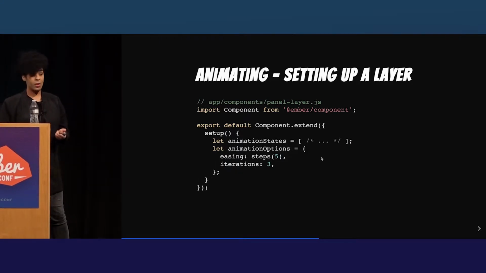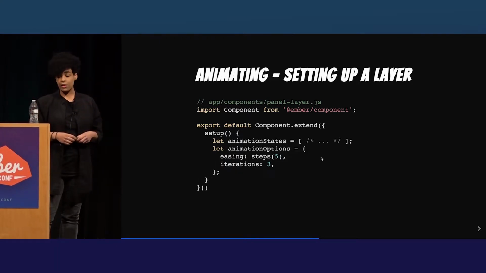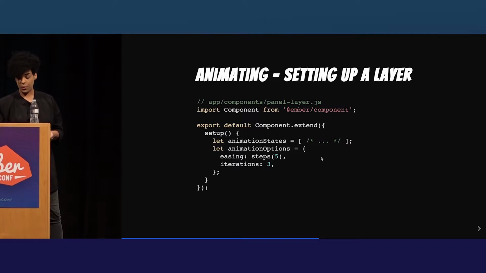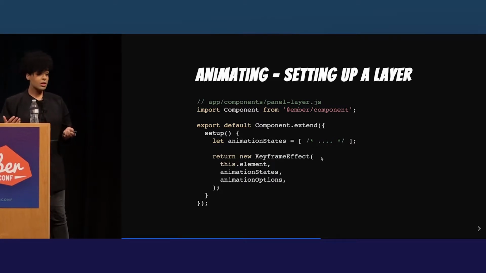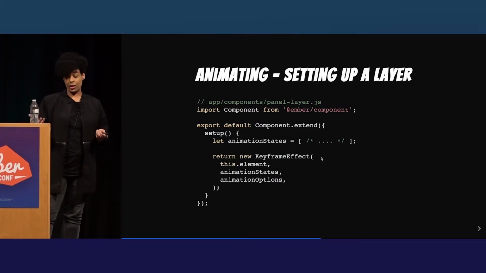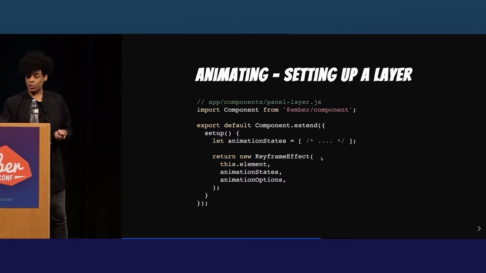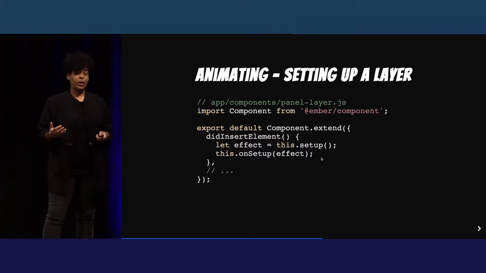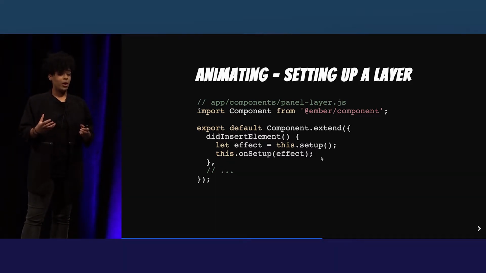I can do so with the steps function that is provided by the CSS spec, passing this in as an easing timing function for my animation options of the keyframe effect. Creating this keyframe effect can then be done in the setup function and also returned from that. And using the didInsertElement hook, I can make sure that the element of my component, the actual DOM node that should be animated, is already available and can be used to create this keyframe effect.